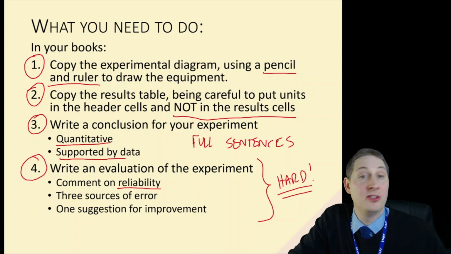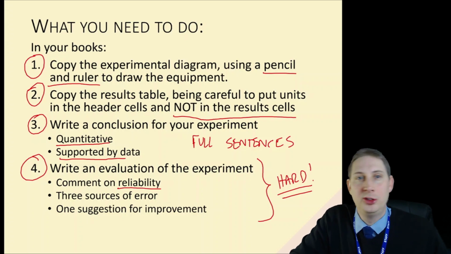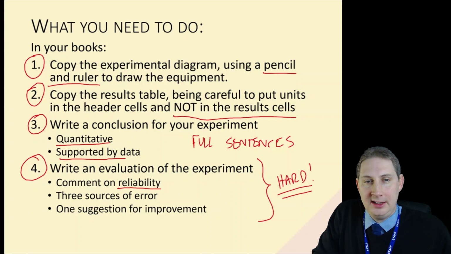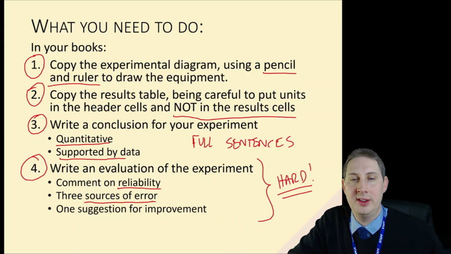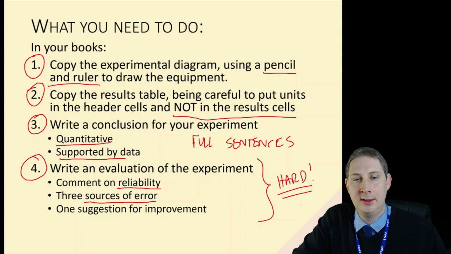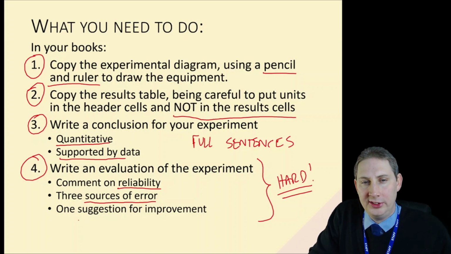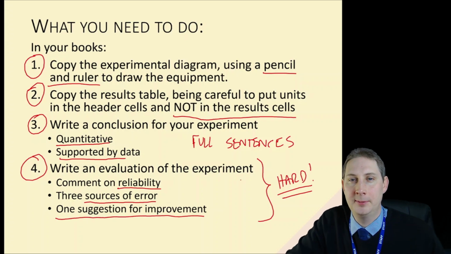What was it about the results, perhaps, that told you whether or not you should believe them? Can you give 3 sources of error, 3 reasons why this experiment wasn't perfect? And can you give 1 suggestion on how you would improve this experiment?